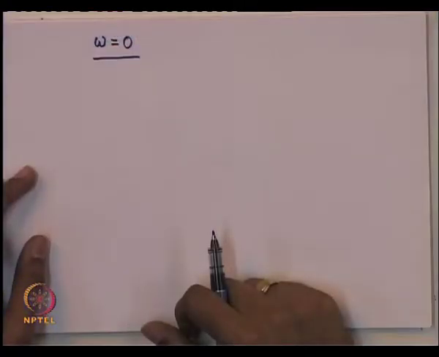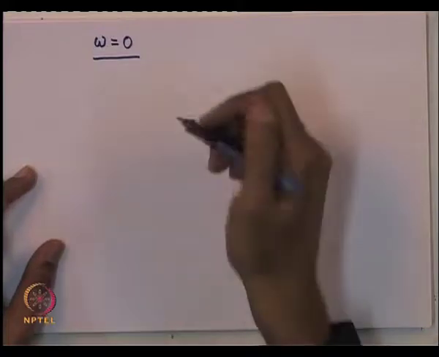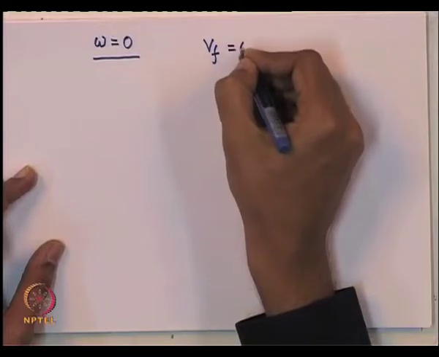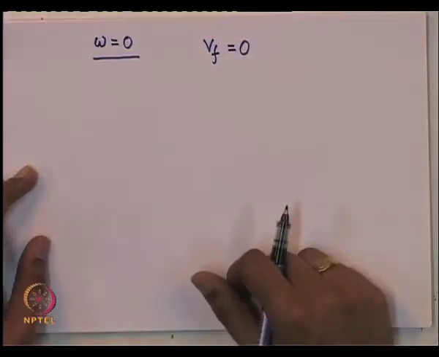So, let us see what we can do. Suppose you have a synchronous machine which is at standstill, that is, its speed is 0. And we also keep the field voltage 0, that is, short circuit the field winding.